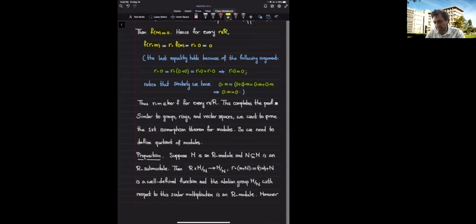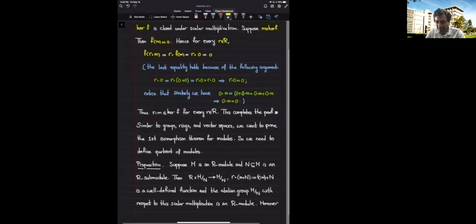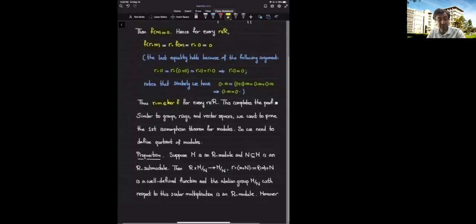So this part is not needed for our argument, but using this we deduce that f of r times m is 0, which means r times m is also inside the kernel of f, which implies that kernel of f is a submodule of the domain.